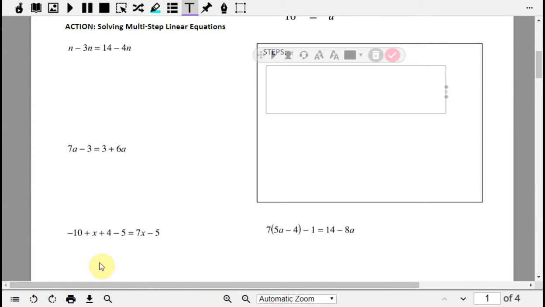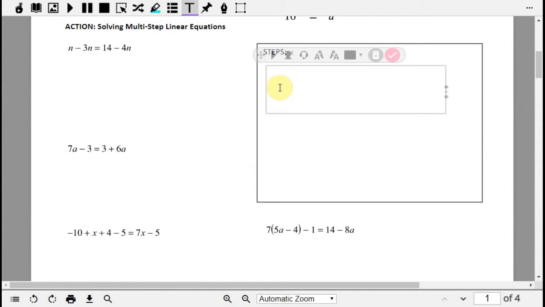For example, down here, you'll see that this equation has variables and numbers on this side. And so these numbers, the 10, minus 10, the 4, and the minus 5 could be added together in order to simplify this so that this side would end up looking more like this side does.